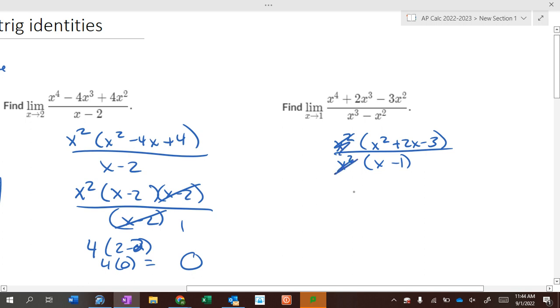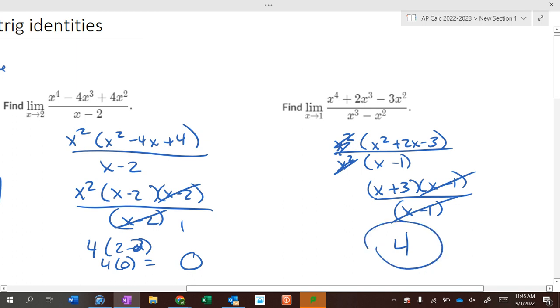On the top, you can do plus 3 minus 1: x plus 3, x minus 1. The denominator is x minus 1, and these cancel. You have x plus 3, and then you can sub in a 1, and 1 plus 3 equals 4. And that's it. So now we figured out limits using factoring, if there's a factoring situation.